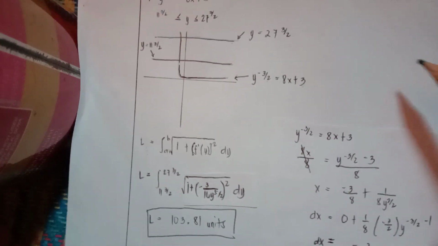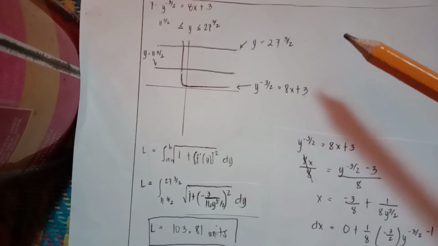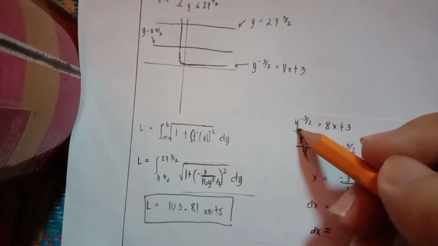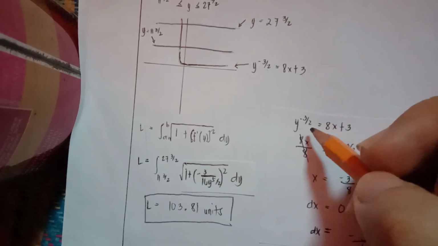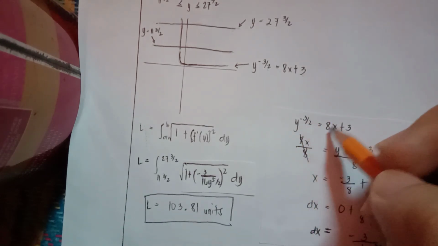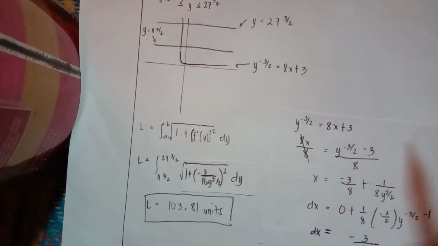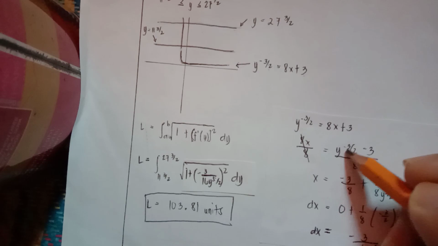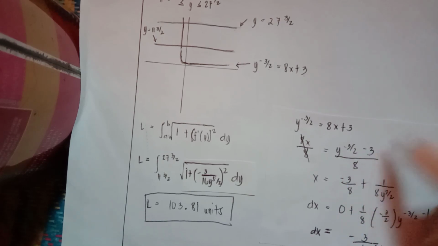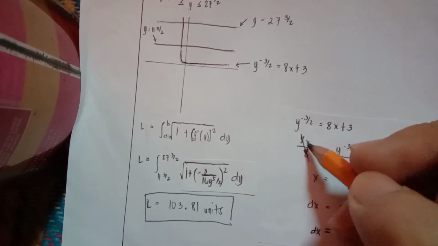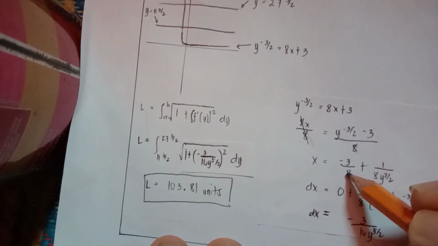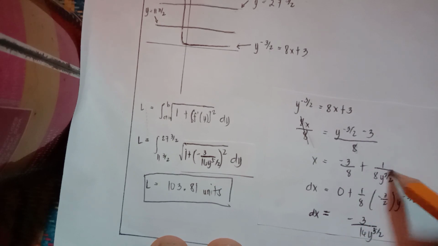So let's derive this equation in terms of y. So y raised to negative 3 halves equals 8x plus 3. So 8x equals y raised to negative 3 halves minus 3. Then divide both sides by 8. So x equals negative 3 over 8 plus 1 over 8 y raised to 3 halves.